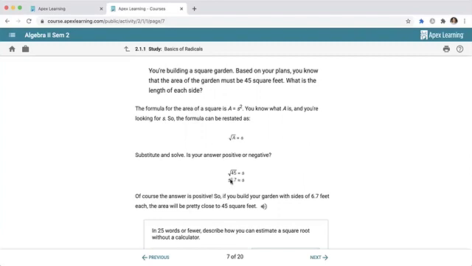As you can notice here, it's got a positive and a negative side. This is where you have to think practically. We're trying to build a garden, and I can't have a negative length in a garden. So my answer obviously has to be positive 6.7 feet.